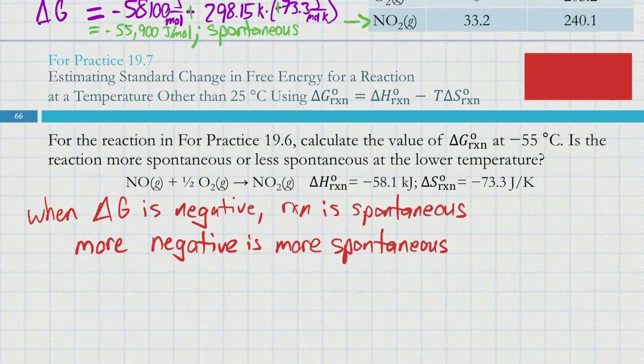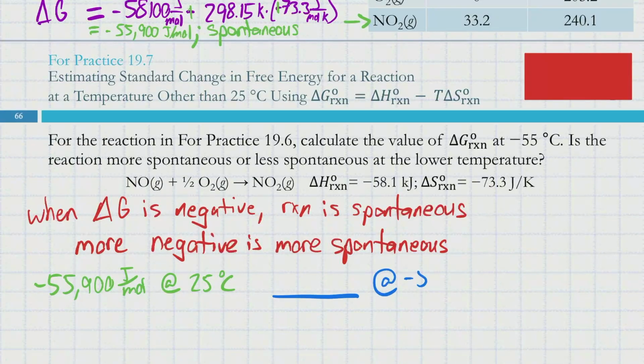Our previous value was negative 55,900 joules per mole. That was at a temperature of 25 degrees Celsius. We want to see, is it more or less spontaneous at negative 55 degrees Celsius.